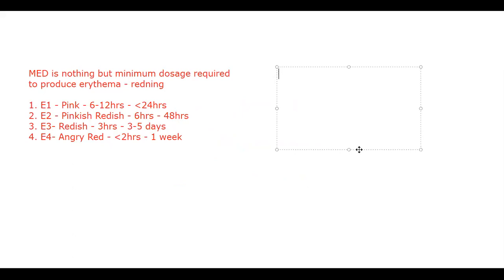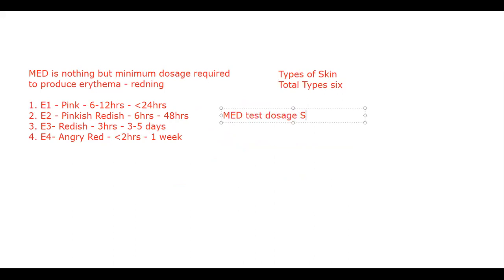There are types of skin, a total of 6 types. Okay, so we have learned these types also, a total of 6 types of skin, and then what we are supposed to do is the MED test dosage sites.